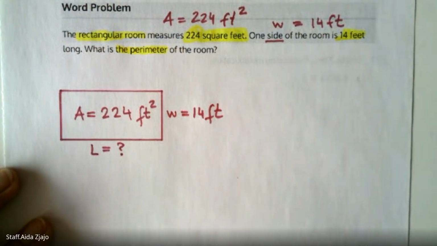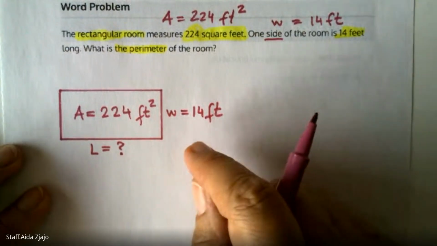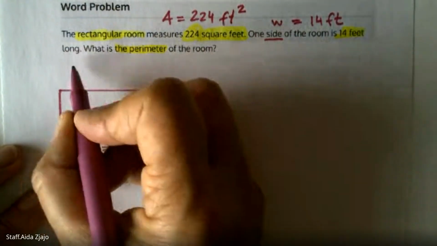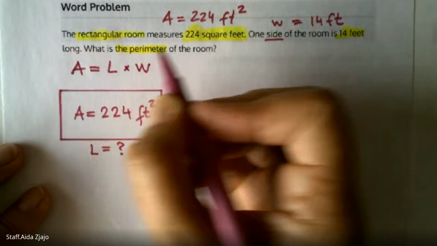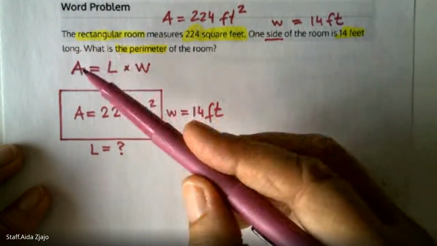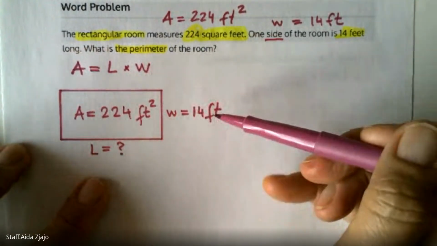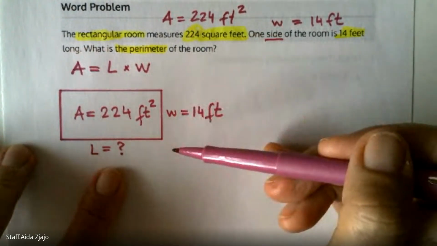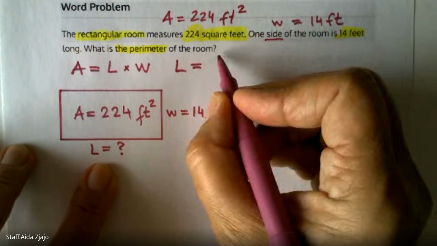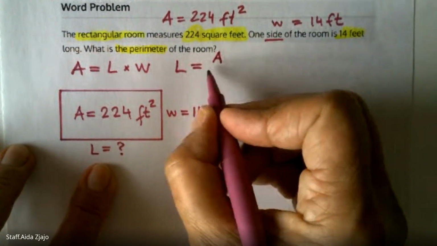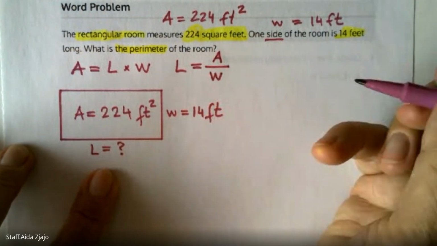When you have the area calculation, area is the same as length times width. So if I already have the area and one side, the solution to find L is to take the area and divide by the one length that you have.